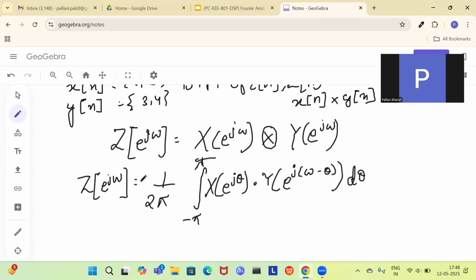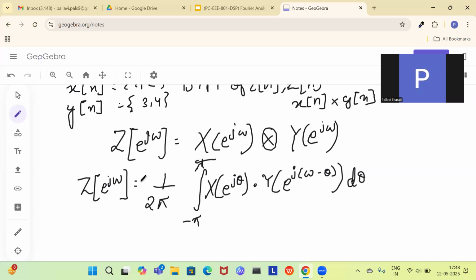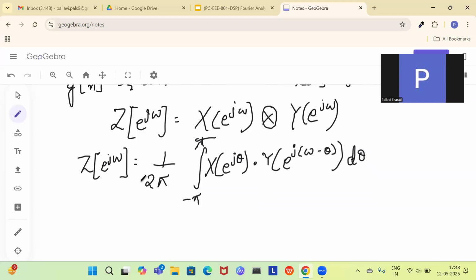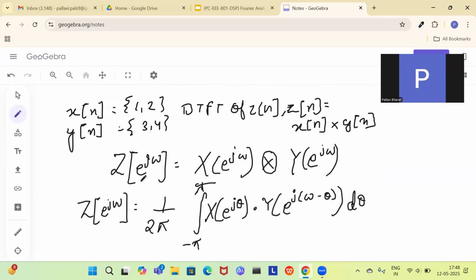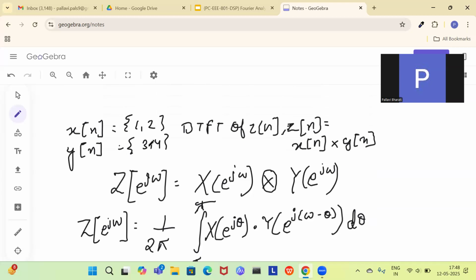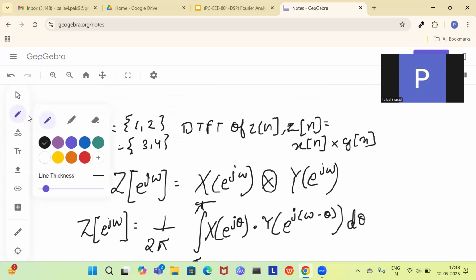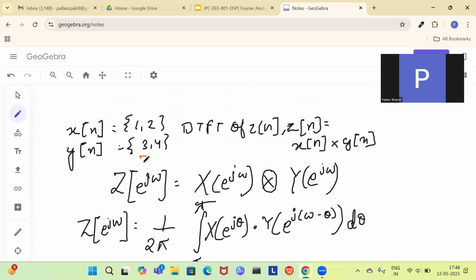Okay. Now if you see, one thing you can do in this case is that since they have multiplied previously, if you multiply this, then z n is going to come as, just for the sake of verifying, point to point multiplication, 3 into 1, 3, and 4 into 2, 8.